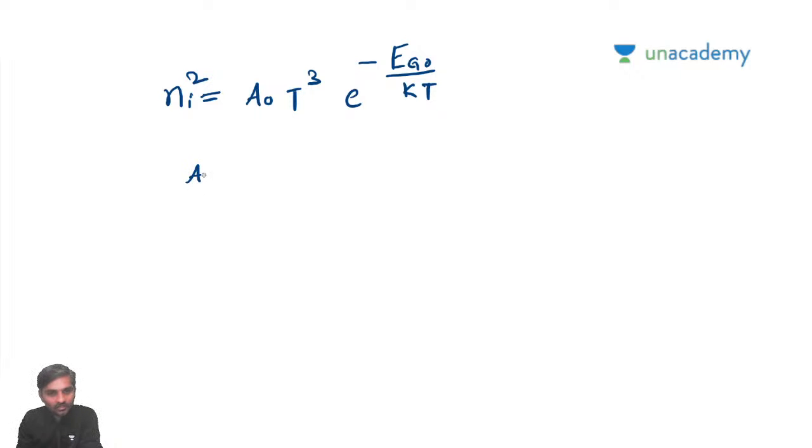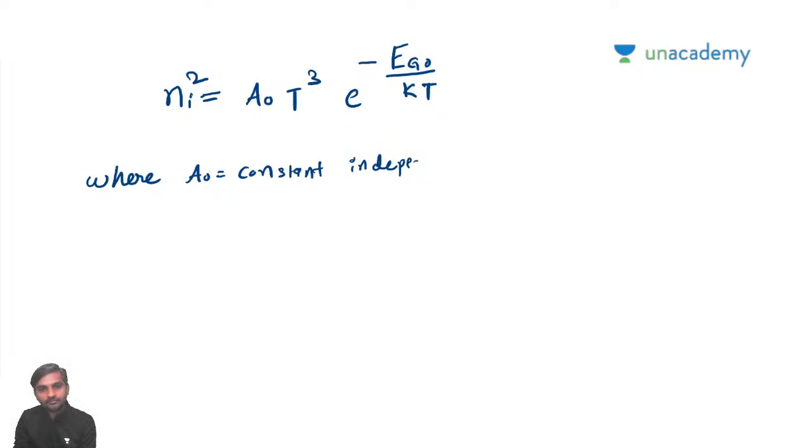A0 is a constant independent of temperature. We'll derive this equation, so don't worry.